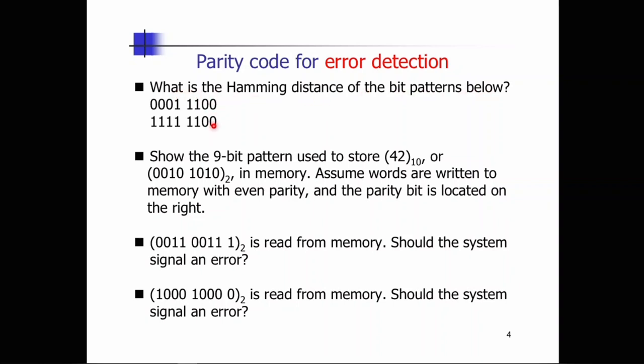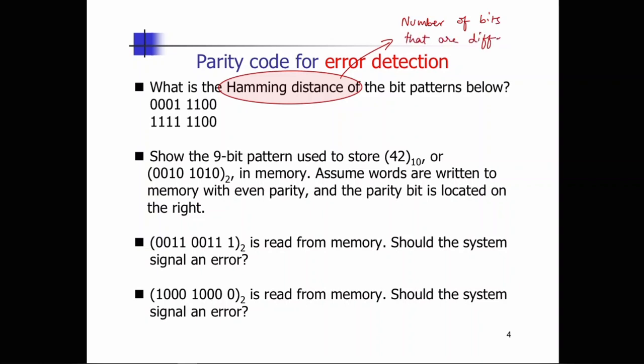So over here we have two binary codes that are 8-bit long, and we are going to find the Hamming distance. Well, Hamming distance is essentially the number of bits that are different. So Hamming distance is defined as the number of bits that are different.